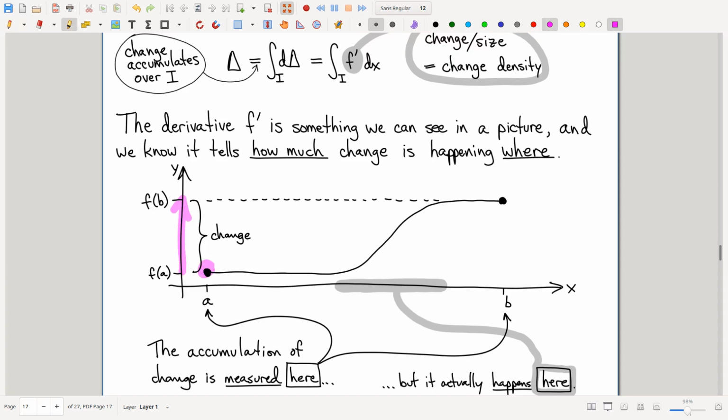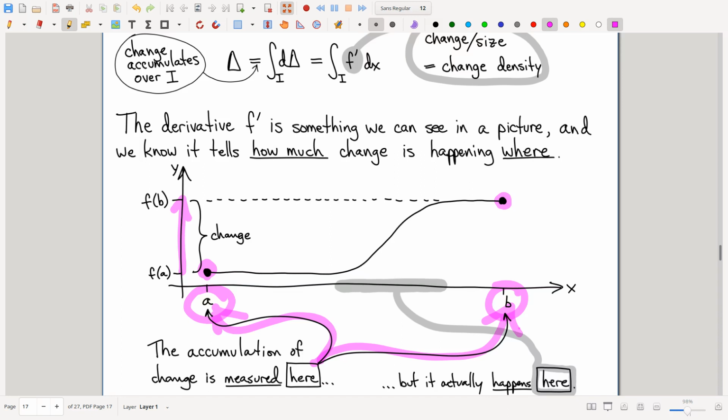That comes from looking at the value of the function at a and the value of the function at b. So change is measured on the boundary of our interval. But I'm going to argue again, and hopefully much more believably this time, that even though it's measured on the boundary, it's happening in the interior.